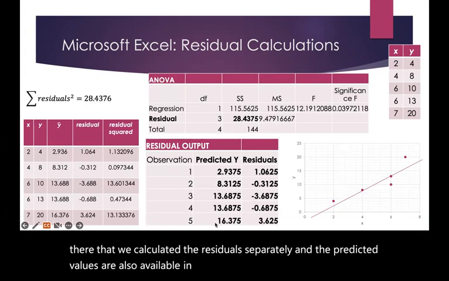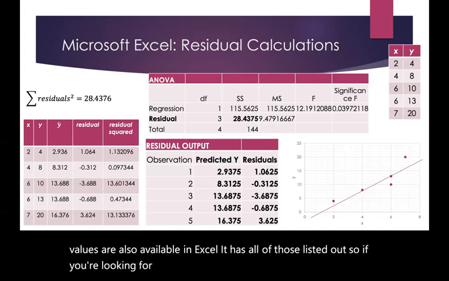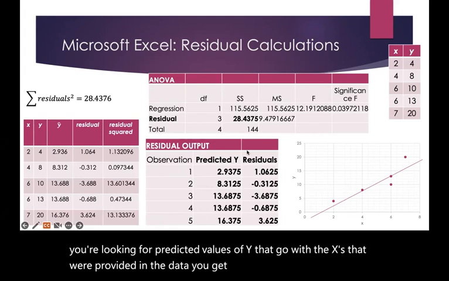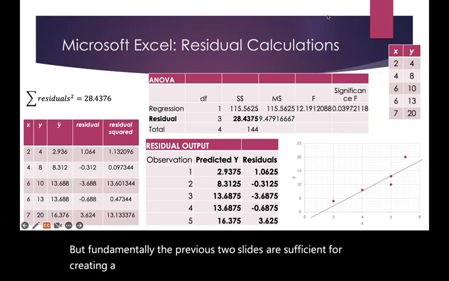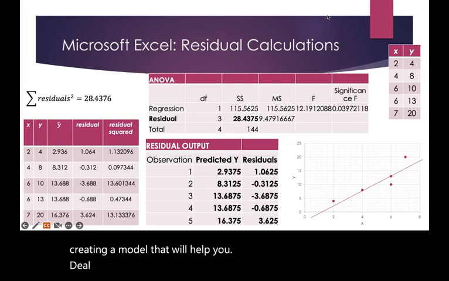It has all of those listed out. So if you're looking for predicted values of y that go with the x's that were provided in the data, you get that out. But fundamentally, the previous 2 slides are sufficient for creating a model that will help you deal with other data that might not be within your data set.